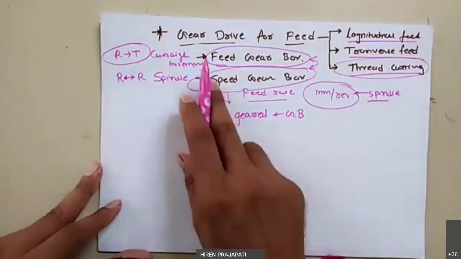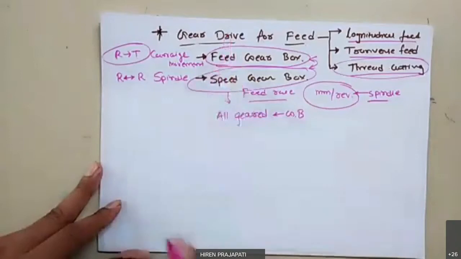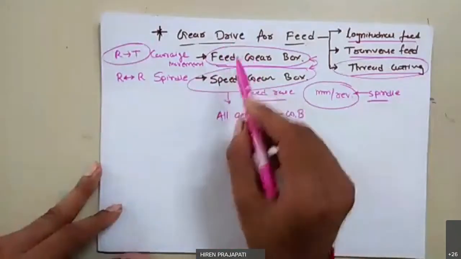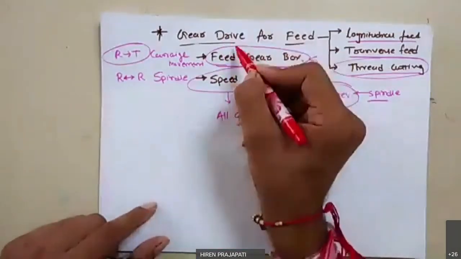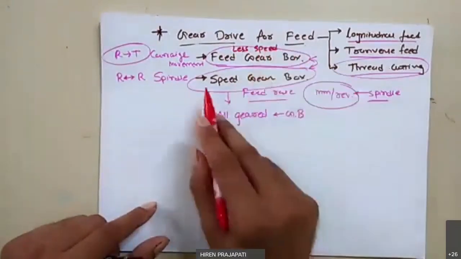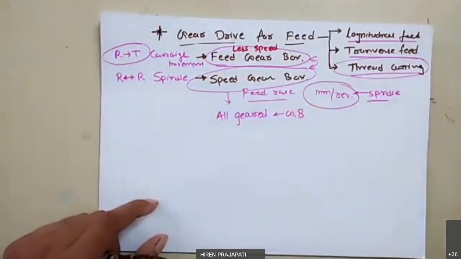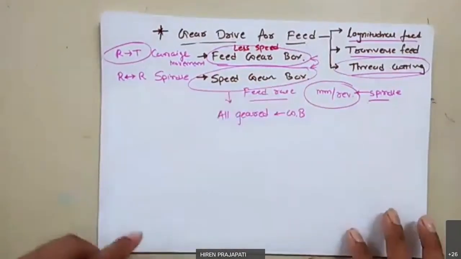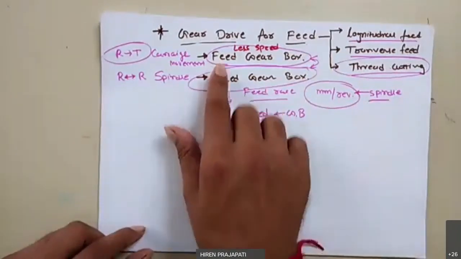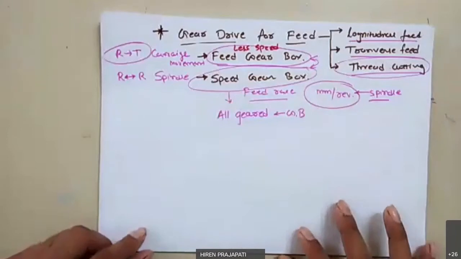So speed gearbox and feed gearbox, if both are all geared, then both are same. Only change is in feed gearbox we are having less speed available compared to speed gearbox, because feed rates are very few compared to required spindle speeds, right? So that's why they are smaller compared to speed gearbox. That is only change, right?